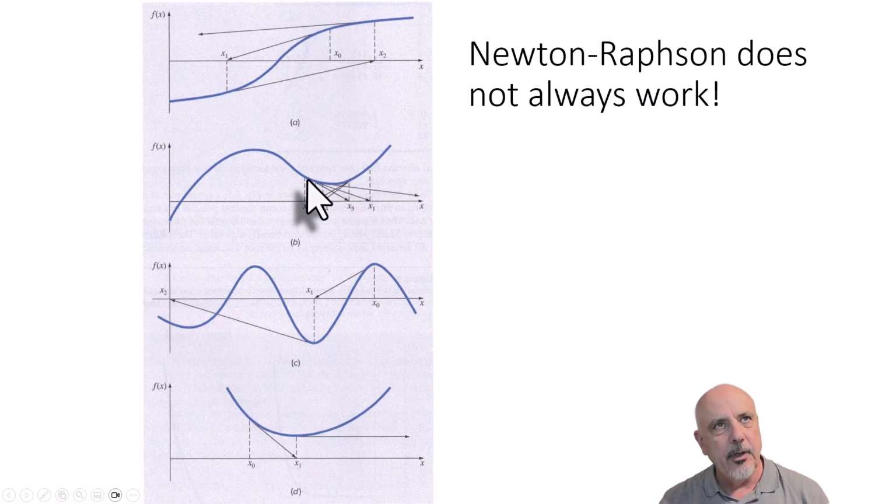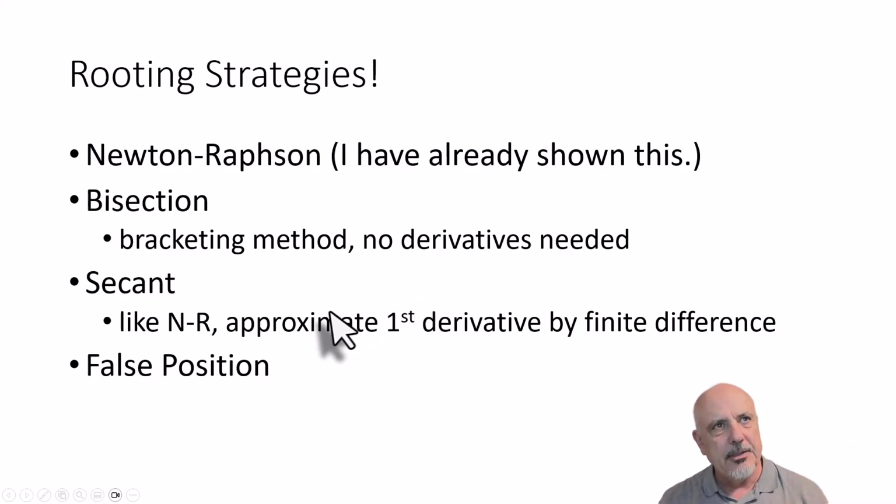And if there's no place where the curve actually crosses the x-axis, we may not actually find a root. So there are some issues here. It's definitely not a panacea. It doesn't always work. There are some other methods I'm going to look at now with you.